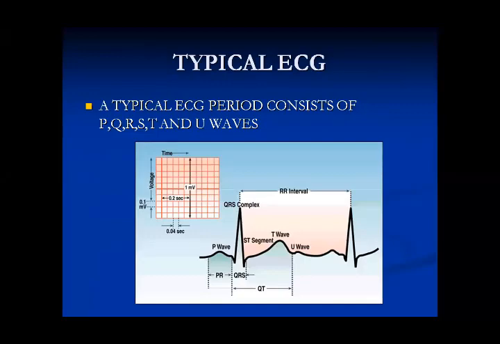Because if we do not know how the ECG paper is divided on the x-axis and on the y-axis, and what each represents, we just won't be able to understand how to count or measure the heart rate, or how to measure the amplitude of a wave, segment or interval, right?